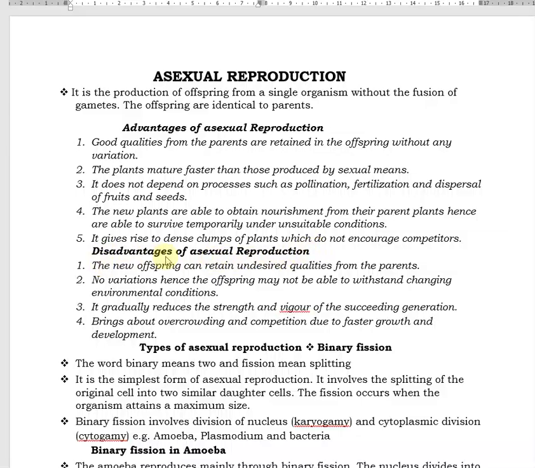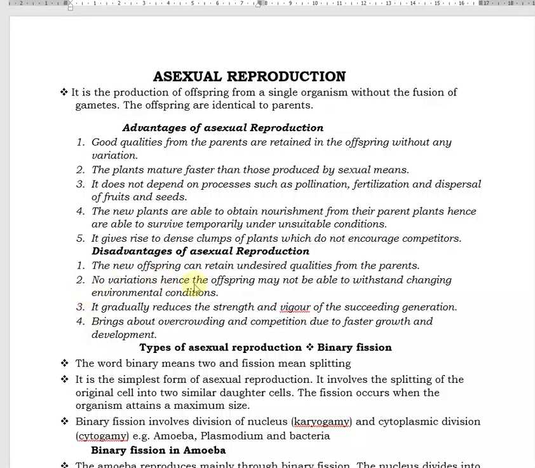One, the new offspring can retain undesirable qualities from the parents. The same way good qualities are retained in the offspring, the undesirable qualities can also be retained.